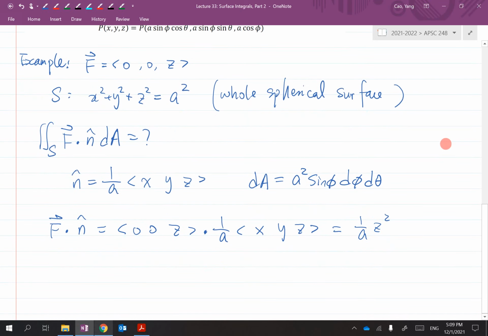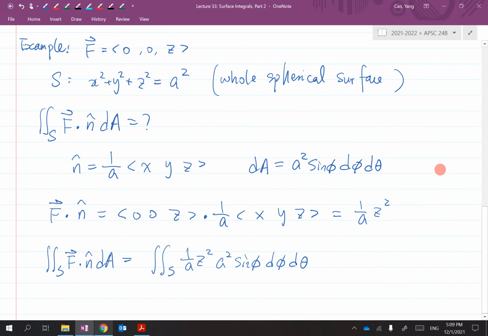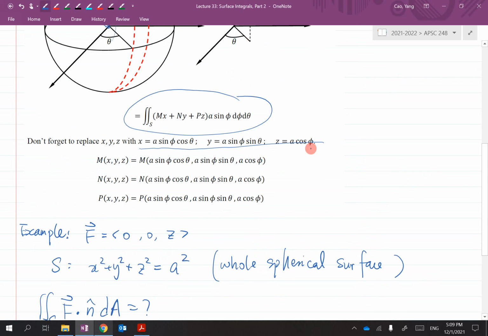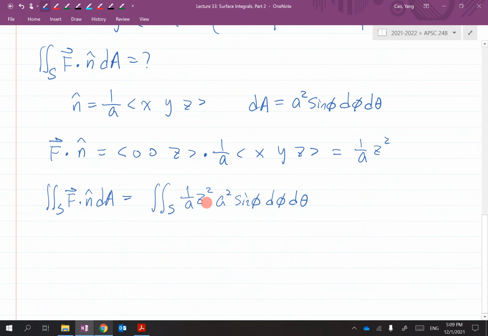Now I'm going to substitute everything into this surface integral formula. The dot product is 1 over A Z squared. dA is A squared sine phi d phi d theta. After substituting, you have a mixture of Cartesian and spherical coordinates, so I need to replace the Z with A cosine phi.